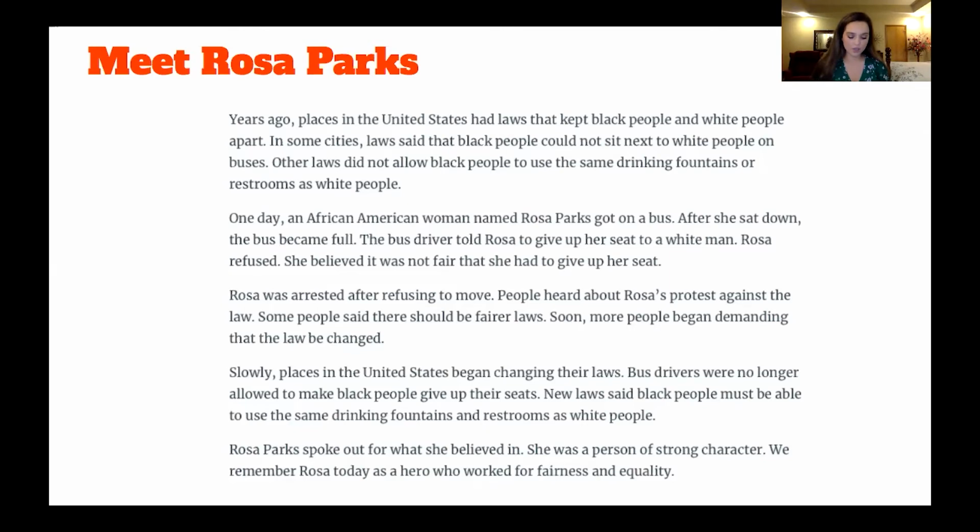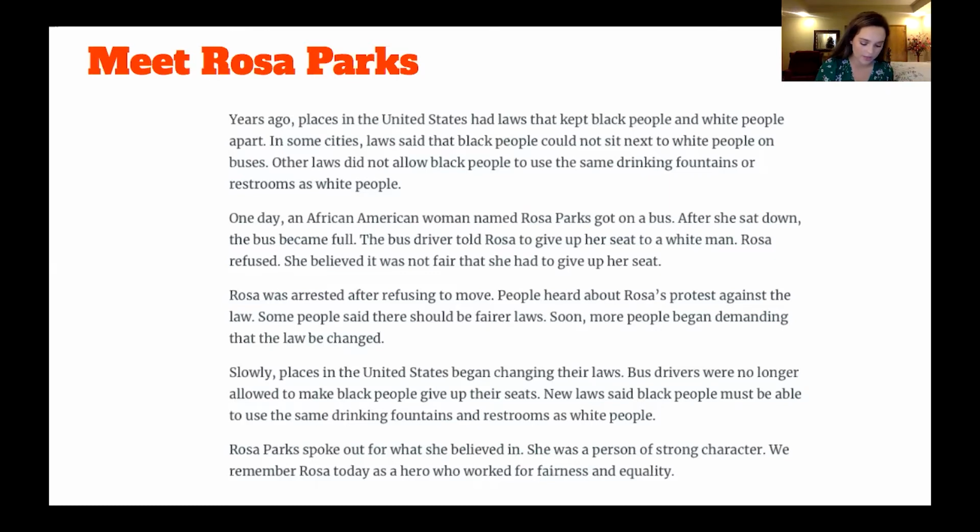And I'm going to write the main idea based off of what I know. So as you guys can see, I have that main idea right here. And I'm going to say the main idea is that laws in the United States kept Black people and white people apart.